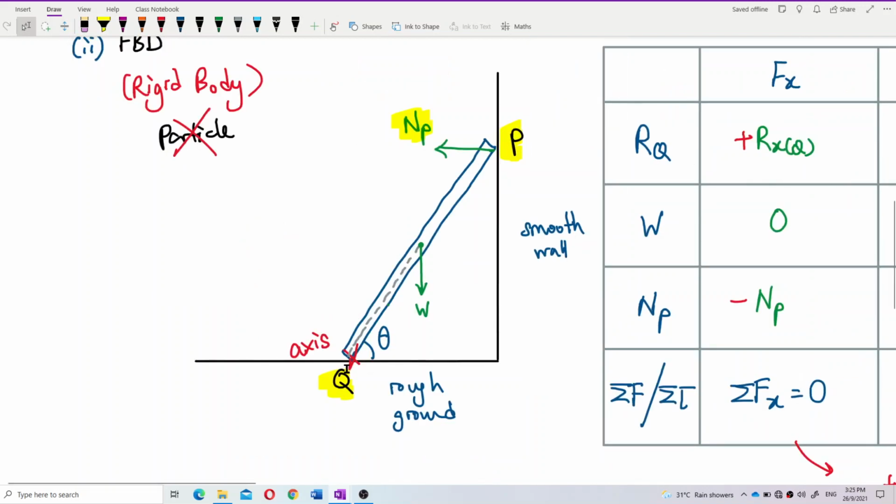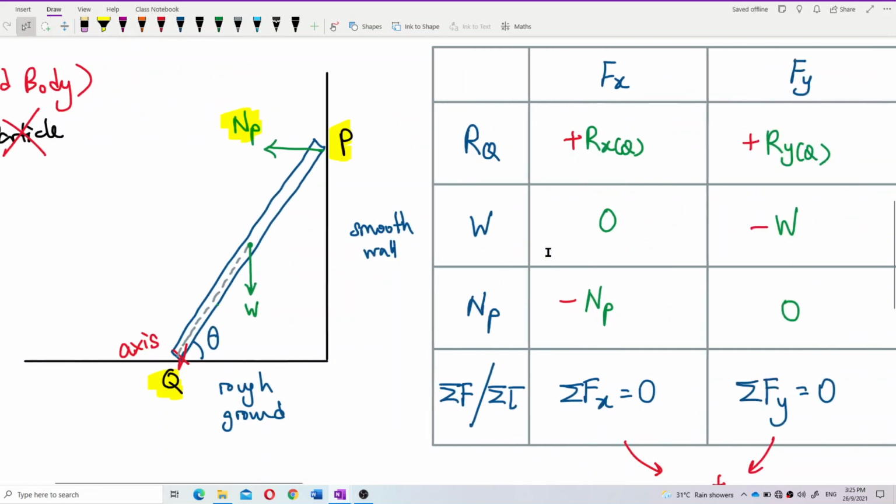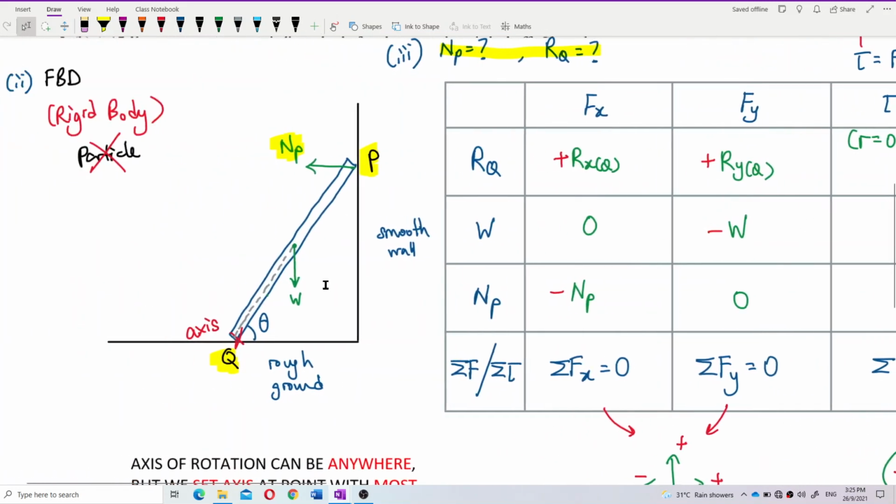I removed RQ already because it was very disturbing to my drawing. I put it somewhere else. I just want to focus on W because I want to find the torque on W.